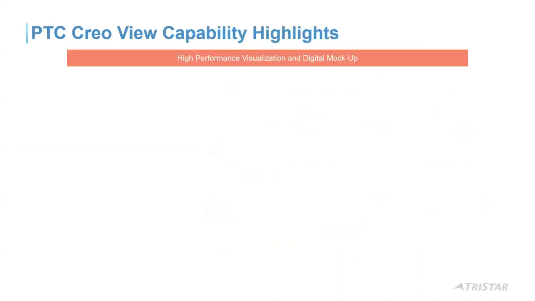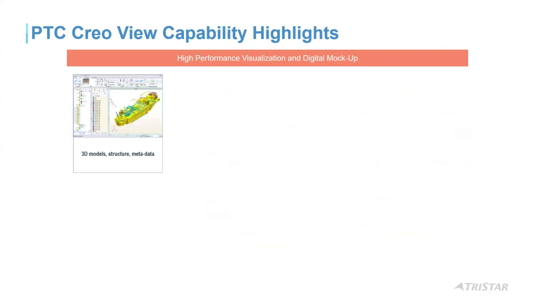So what does Creo View do? It allows you to view 3D models, product structures, any metadata that's in the 3D model. So think of parameters or attributes. Now, the important thing also becomes sometimes you may not want to send all of your information. You might want to strip out the metadata, or maybe just create a graphical view of the part or assembly, not giving anyone the ability to measure or take cross sections or reverse engineer your parts.